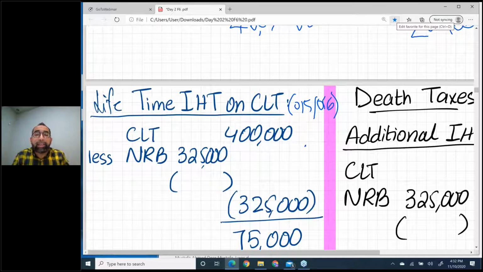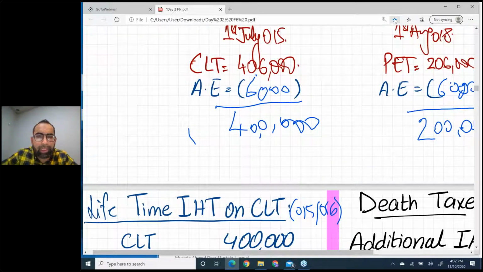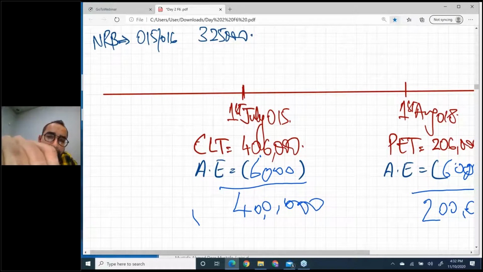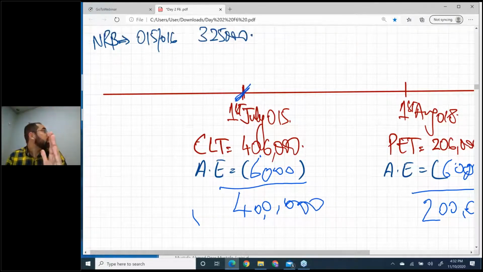Second news is that NRB is always cumulative for 7 years. It's total combined for 7 years, right? So for NRB, you always look at the screen. You come to the date of gift, you stay at the date of gift, and you see back the last 7 years.